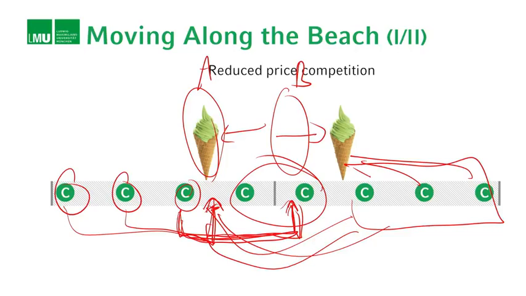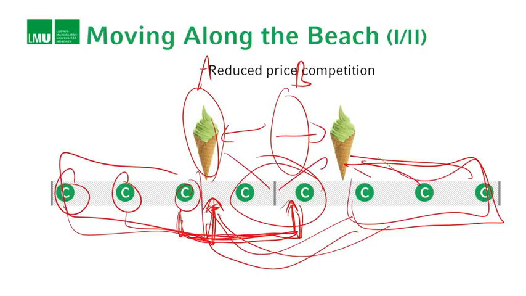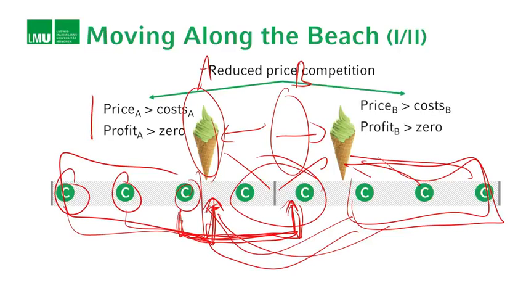So there's competition here, but there's virtually no competition in these backyards for the two sellers. This means that both firm A and firm B are going to get away with higher prices than their cost, and they're going to make positive profits. So price competition is actually reduced in this case.